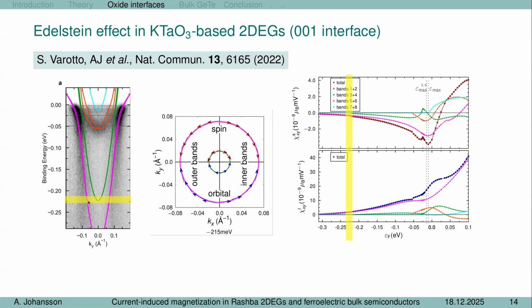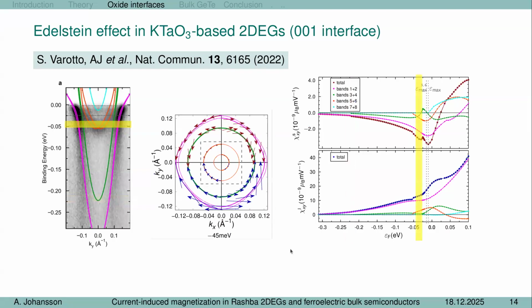And now we are quite low in energy. We have Rashba-like band structure and also Rashba-like spin and orbital textures. This gives us, as expected, some small contributions to the spin and the orbital Edelstein effect. Now we go higher in energy, and now the orange band pair is occupied. You directly see the huge splitting delta K, but you should also immediately see that the spin and orbital expectation values are very small.